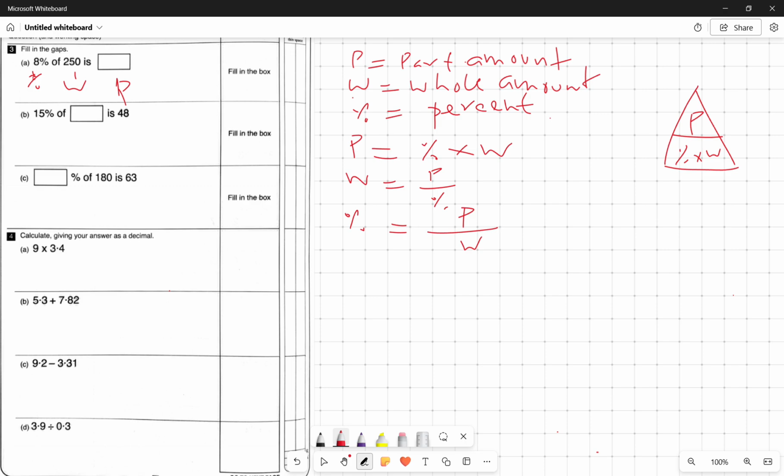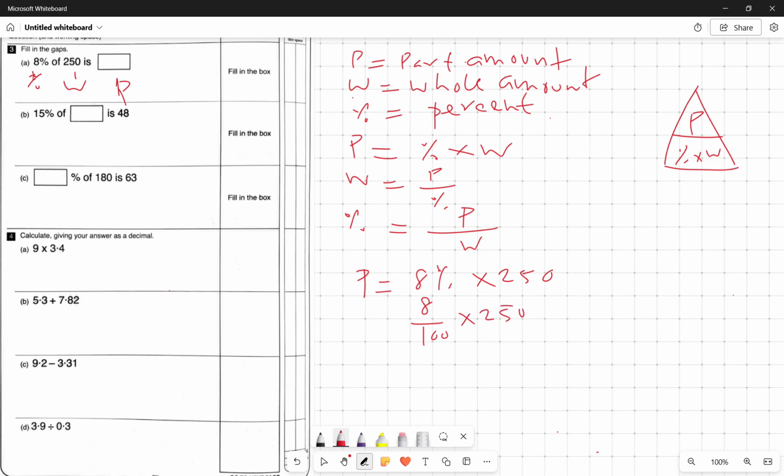So I'm going to write P equal to percent times W. The percent is 8, so I write 8% times the whole amount, which is given as 250. So 8% means 8 divided by 100 times 250.